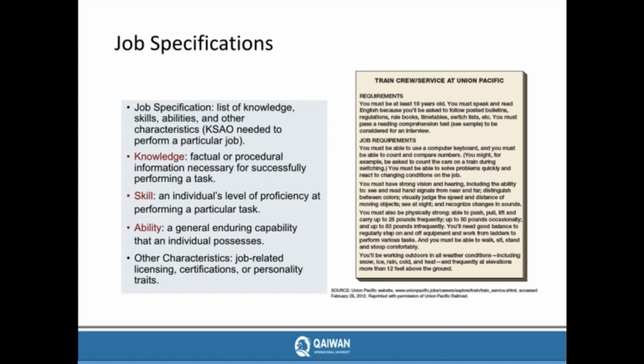For example, if the university is looking for a lecturer, the job specification might be having someone who has a human resource management certification. So this is a job specification.